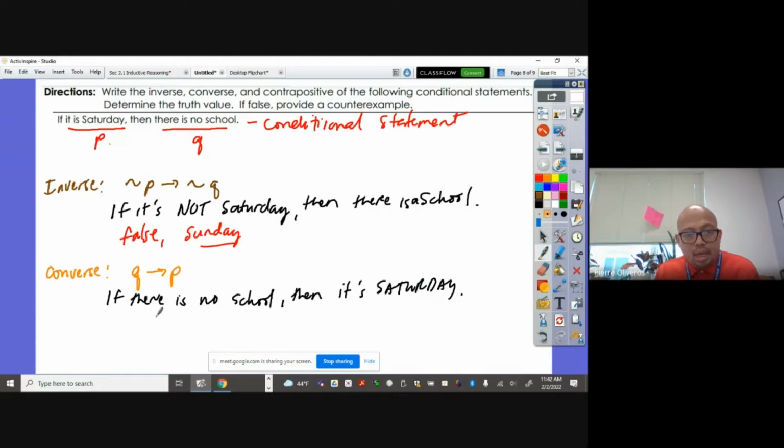Do you agree? Again, this is false because there could be no school and it could be Sunday.